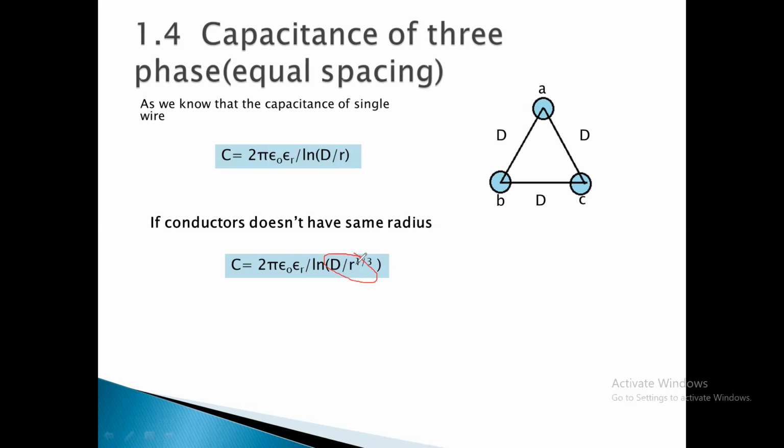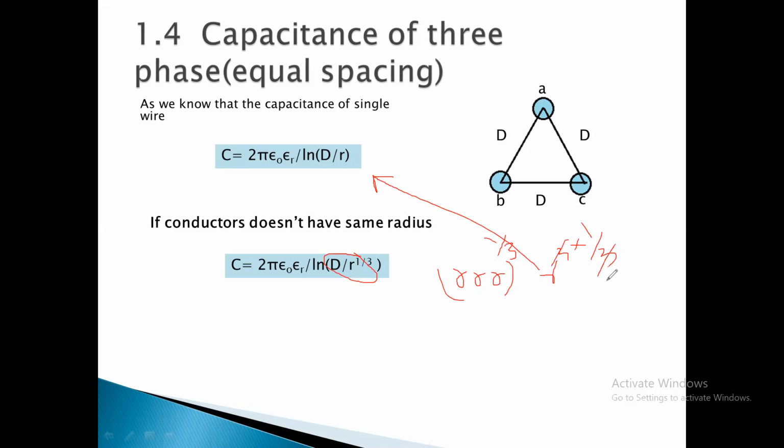For example, this is the same radius, so r multiplied by r multiplied by r, that is r cube, power 1 divided by 3, multiplied by 1 divided by 3. Again I will get this.